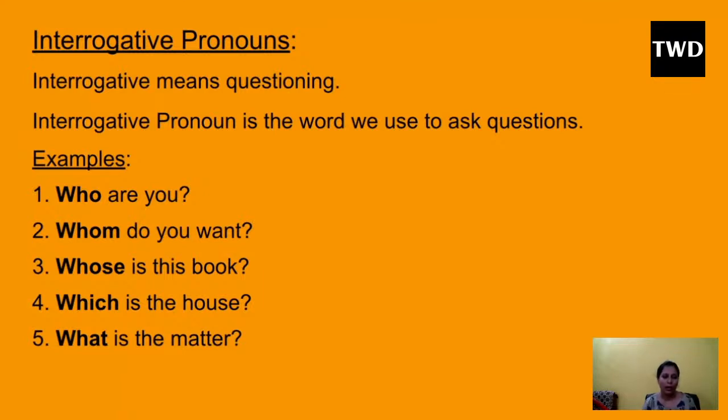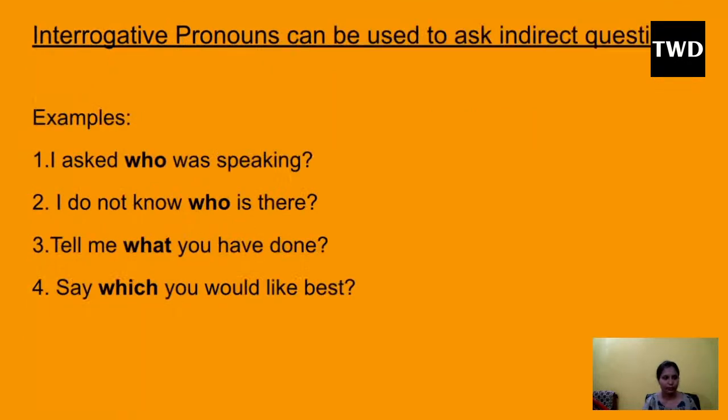Who are you? Whom do you want? Whose is this book? Which is the house? What is the matter? All these are interrogative pronouns, since these words help us to frame the question sentence. So here, who, whom, whose, which, what, all these are interrogative pronouns.